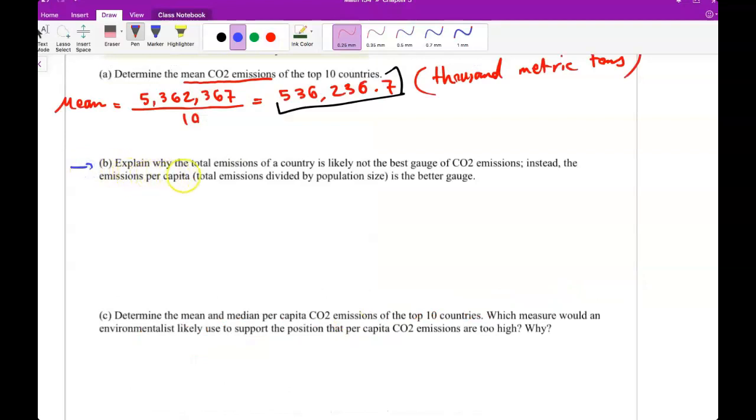Okay, now part B: explain why the total emissions of a country is likely not the best gauge of emissions, and why instead emissions per capita, or total emissions divided by population size, is a better gauge. Per capita is better because it adjusts emissions for population. After all, countries with more people will have higher emissions.